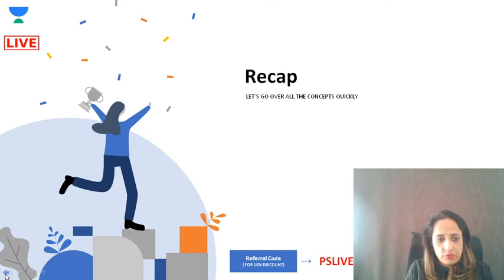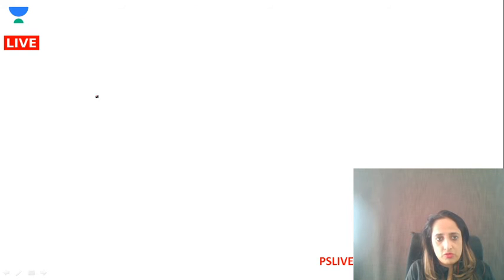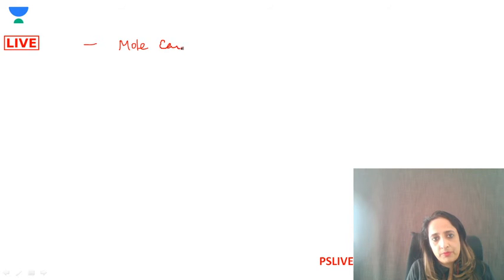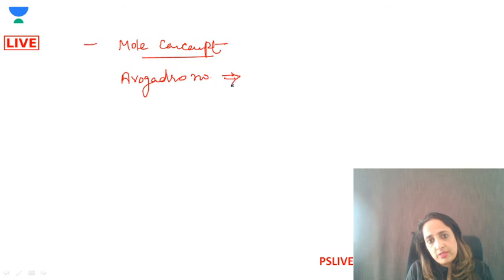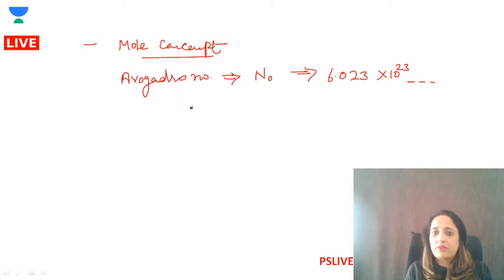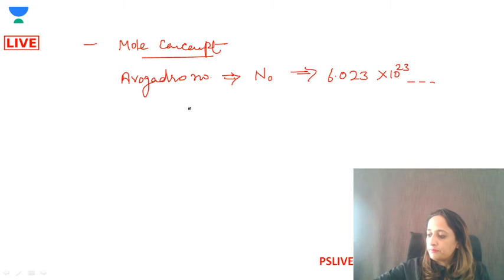But before I recap, I would like to talk about a few more things. First of all, the mole concept, or this Avogadro number, which is represented by N naught and has the value of 6.023 into 10 to the power 23, whatever it is, atoms or molecules, or the things that we have.